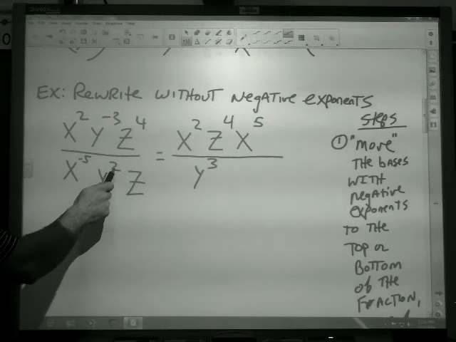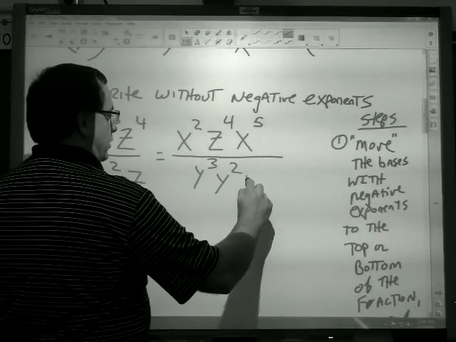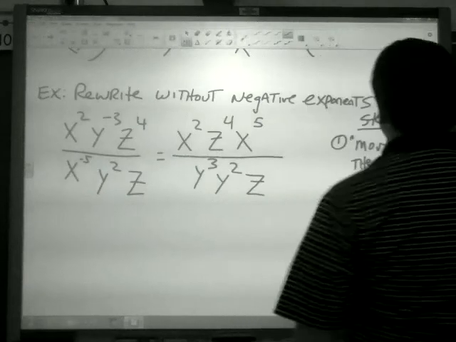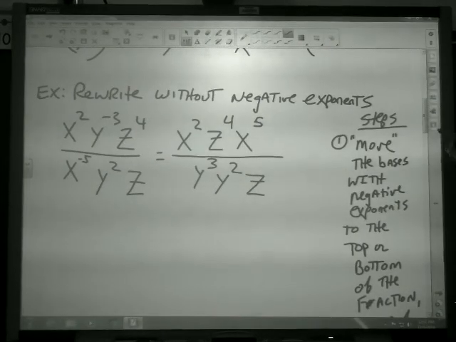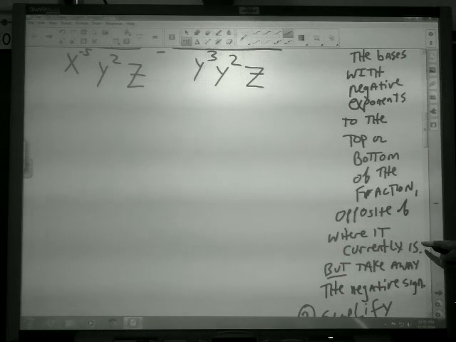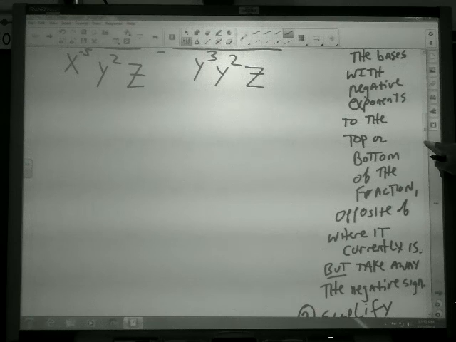Y squared, that is positive, it stays where it is. Z to the first stays where it is. So, move the bases with the negative exponents to the top or bottom of the fraction, opposite of where it currently is. But then take away the negative sign. Okay?